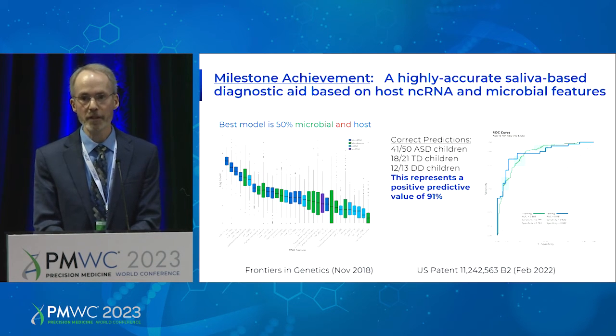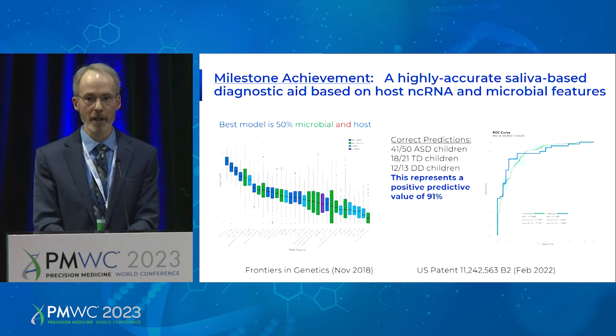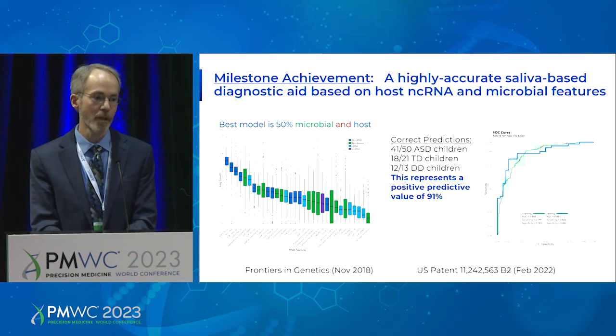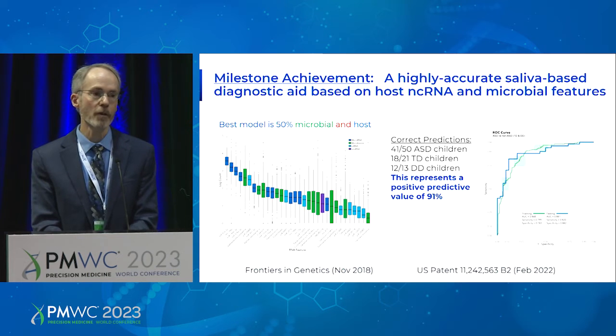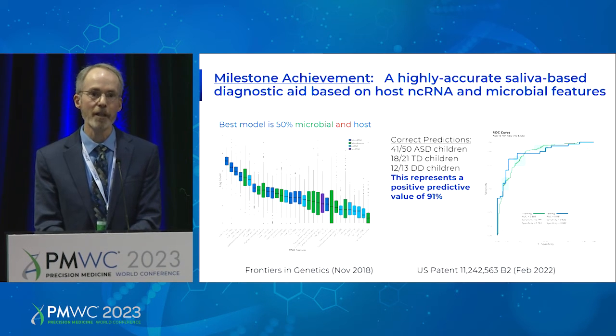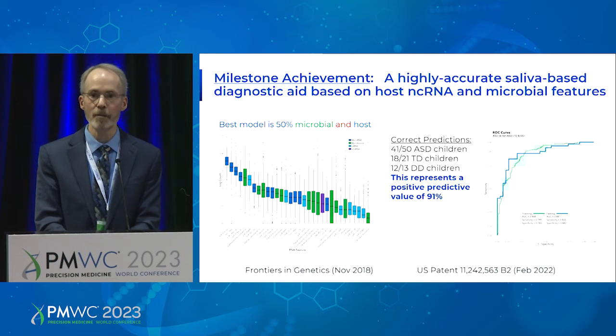So using next-gen sequencing, learning everything that we can about what's present there and how that's changed in autism, we're able to feed the data into machine learning models and develop a classifier that was over 85% AUC in the training, cross-validation, and the naive holdout set of children who either had autism spectrum disorder, non-autistic developmental delay, or were neurotypical.